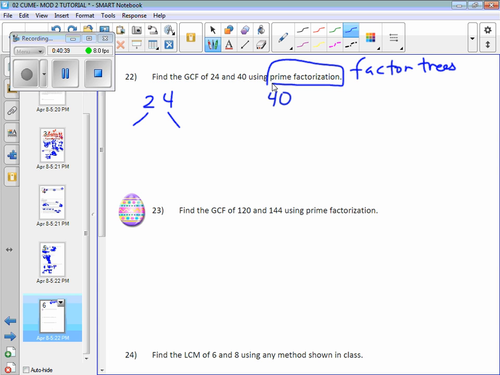You'll still wind up with the same prime factors at the end. I'm going to go 6 and 4. Neither one of them is prime. 6 is a product of 3 and 2. Both of them are prime. We're going to circle them. Factors of 4 are 2 and 2. And those are my prime factors now for 24.